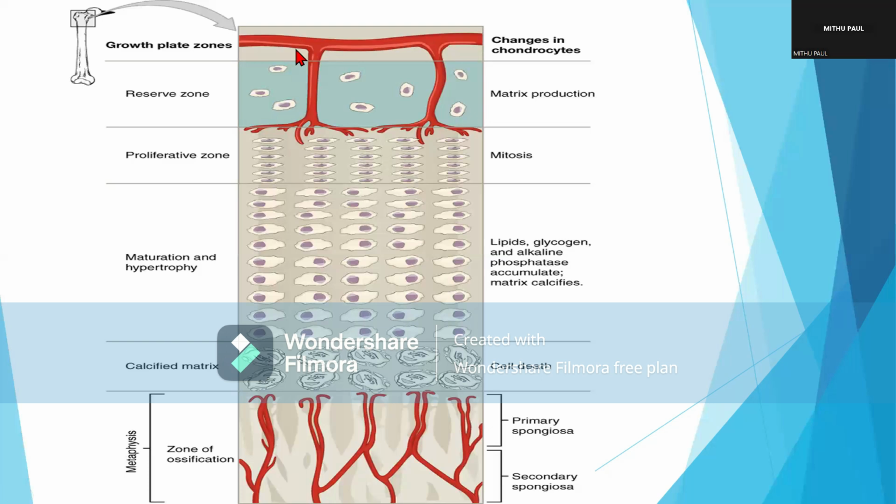Beyond it is the epiphysis proper, and this is the whole of the epiphyseal cartilage. So gradually, the new cells of the chondroblast will proliferate and proceed towards the epiphysis, and from the metaphyseal end, this cartilage is converted to bone.